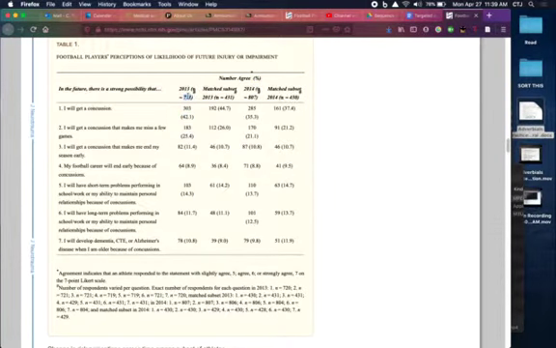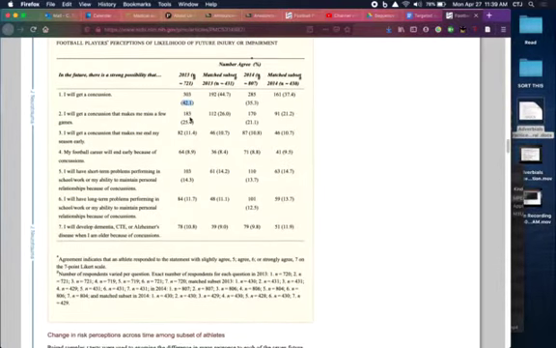So that's 42% of the 721 total is how you read this table. So 303 people answered. That's 42% of the total sample.